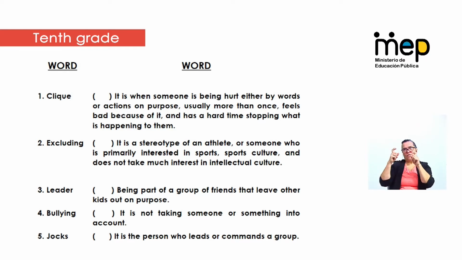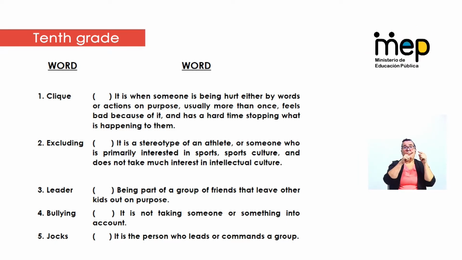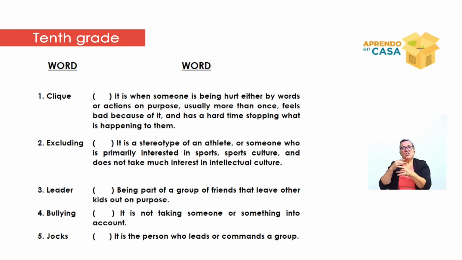Number 1, it is when someone is being hurt, either by words or actions, on purpose, usually more than once, feels bad because of it, and has a hard time stopping what is happening to them. Number 2, it is a stereotype of an athlete or someone who is primarily interested in sports culture, and doesn't take much interest in intellectual culture.